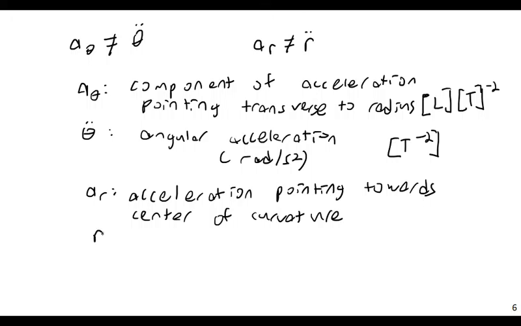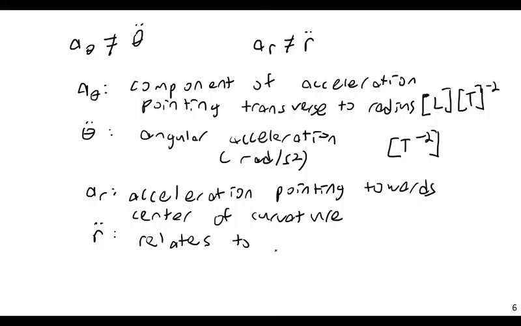And r double dot would be the actual rate of change, or this relates to the rate of change of the radius itself.